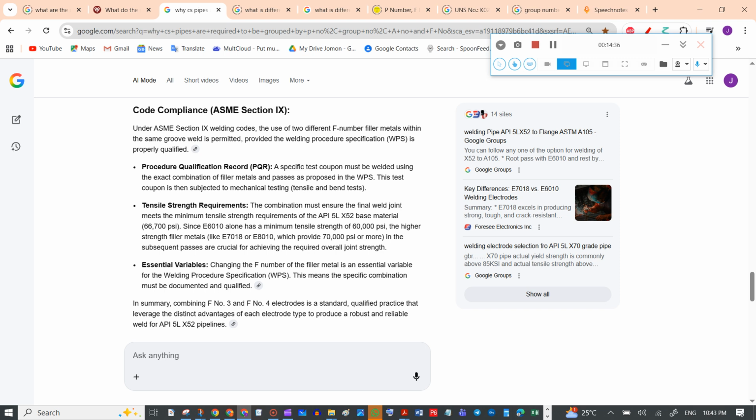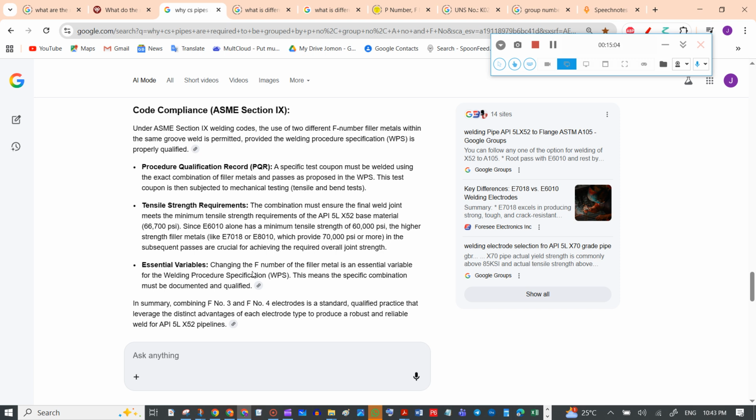The combination must ensure that the final weld joint meets the minimum tensile strength requirements of API 5L X52 base material, that is 66,700 psi. Since E6010 alone has a minimum tensile strength of 60,000 psi, higher strength filler materials like E7018 or E8010, which provide 70,000 psi or more in the subsequent passes, are crucial for achieving the required overall joint strength.